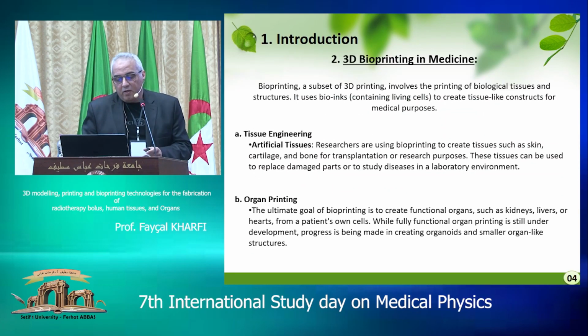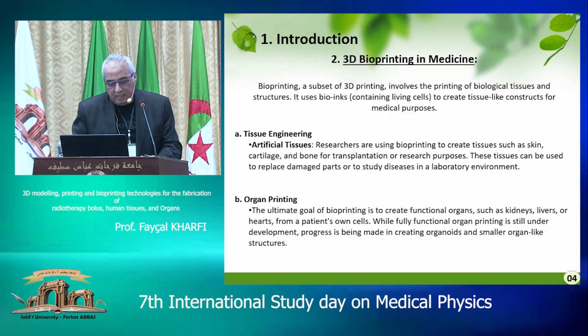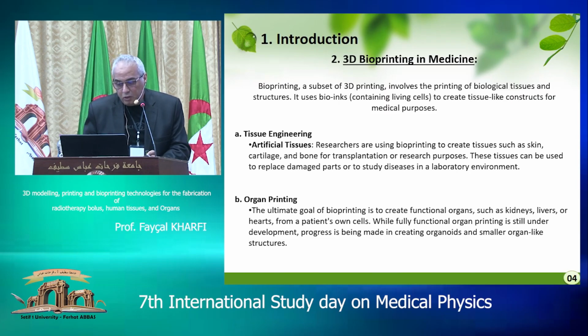Now we move to 3D bioprinting in medicine. Bioprinting is just a subset of 3D printing with a specific kind of ink that we use to print what we want to print. It involves the printing of biological tissues and structures.